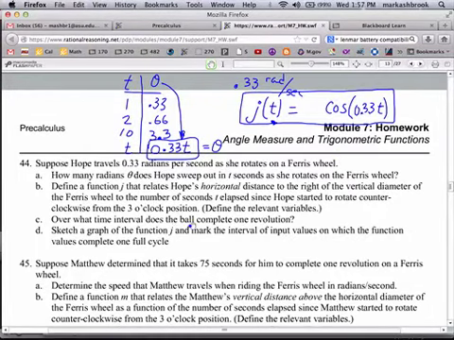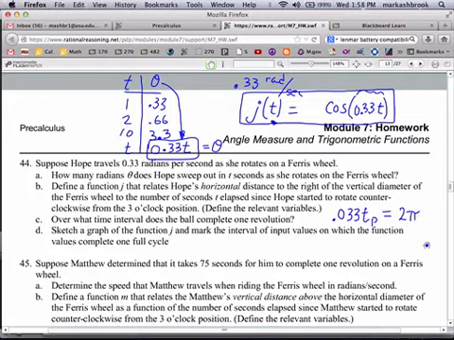Okay? Over what time interval does the ball complete 1 revolution? So when does cosine complete 1 revolution? For what angle does cosine complete 1 revolution? 2 pi. So if we take this right here, we want to know the specific time period that achieves an angle of 2 pi.